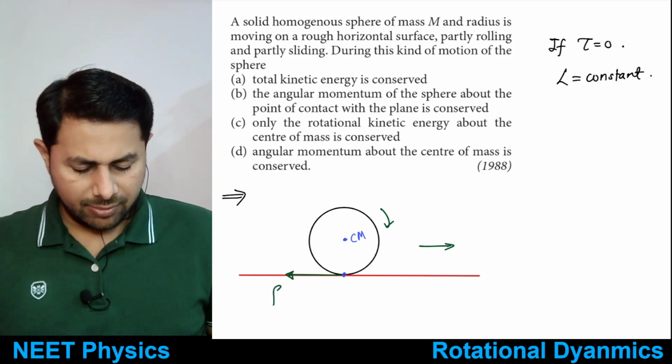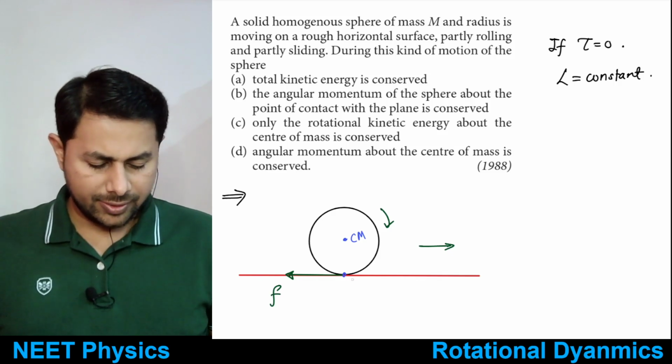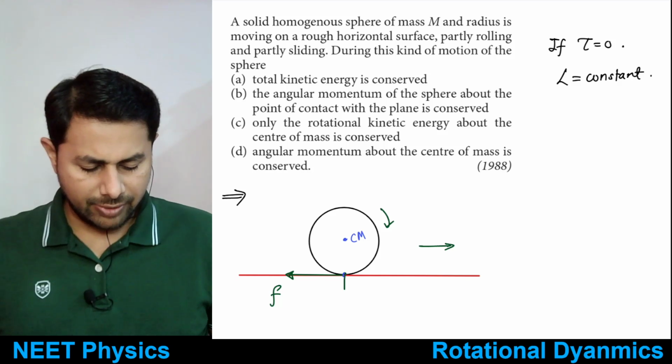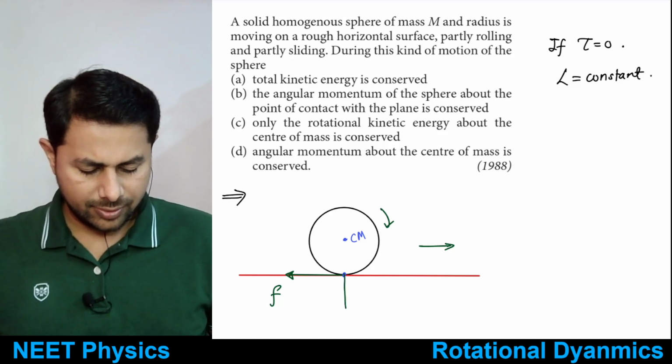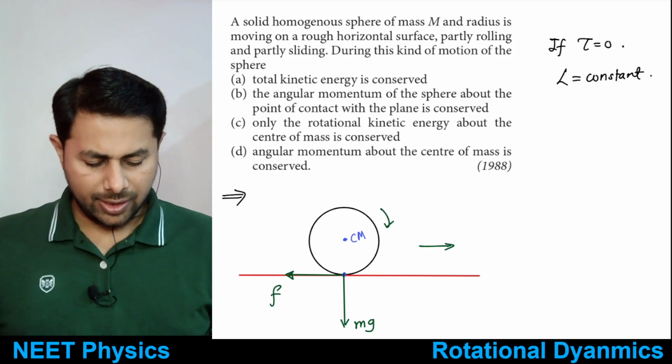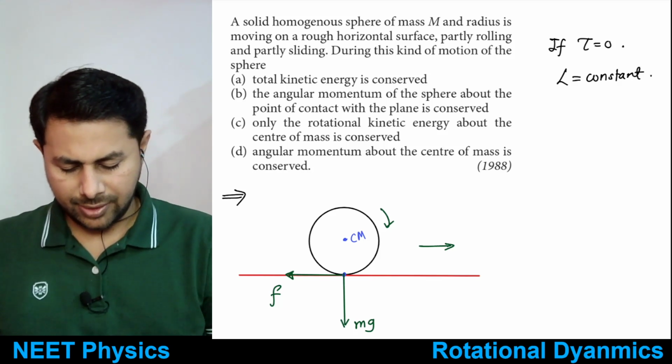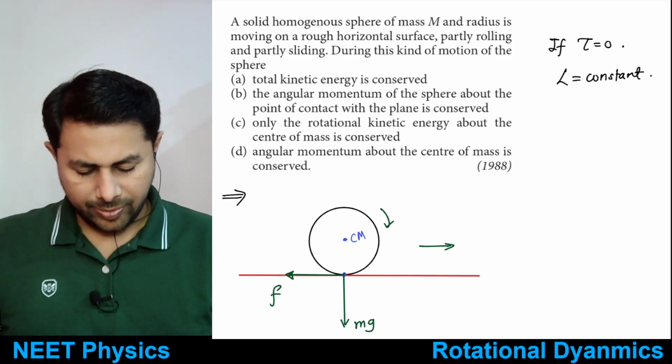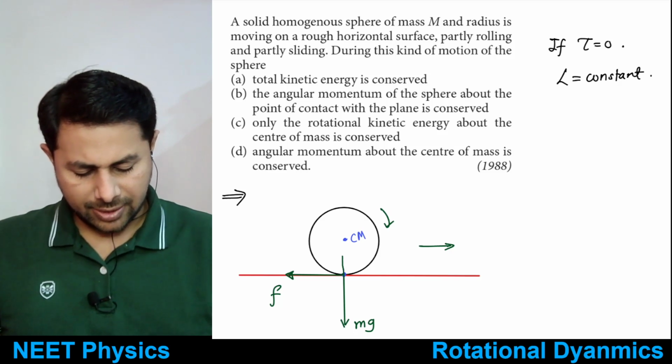Friction acts in backwards direction. What else? Then there would be gravitational force acting on it, that is mg. What else? There would be a normal reaction, right? There would be a normal reaction which acts upwards.